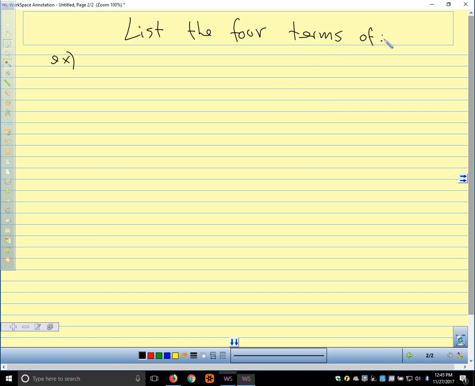List the first four terms of this sequence, a sub n, given by 2n plus 5.